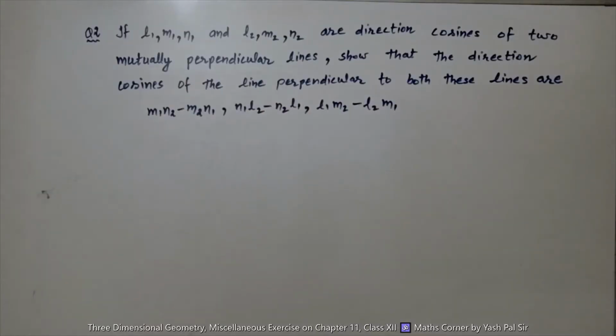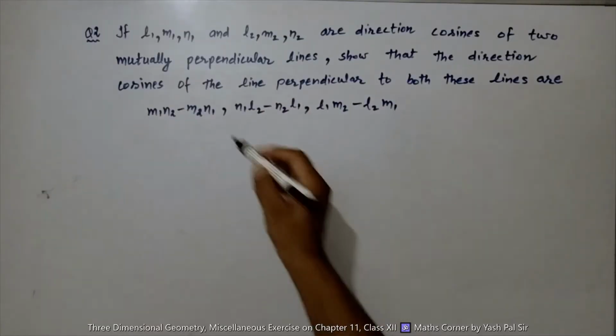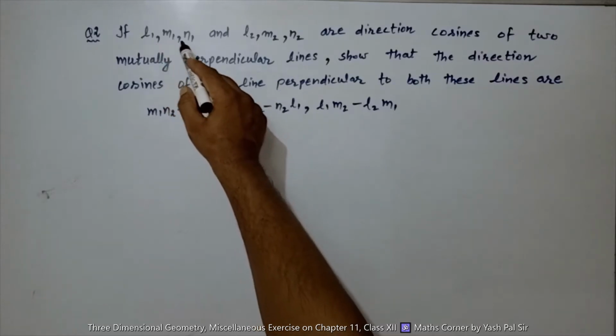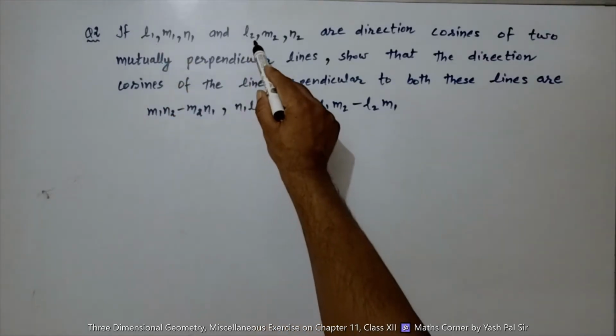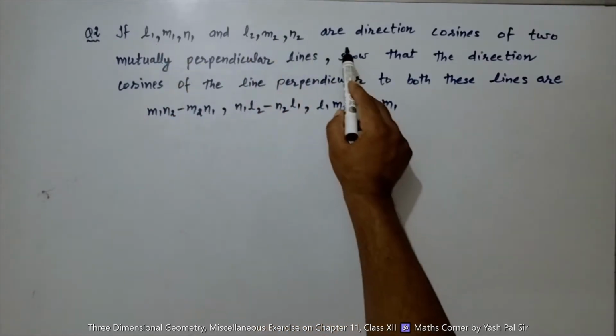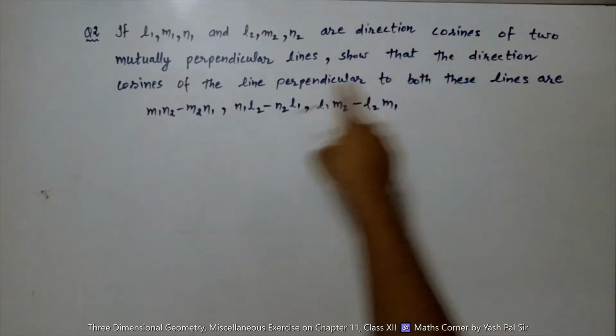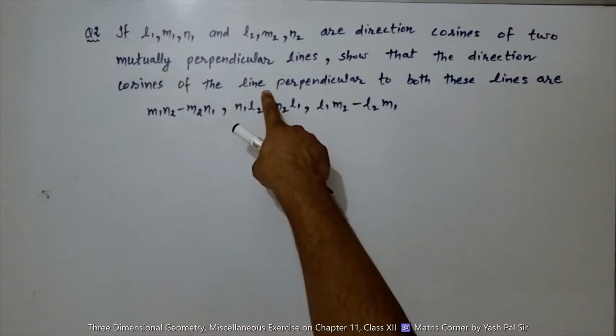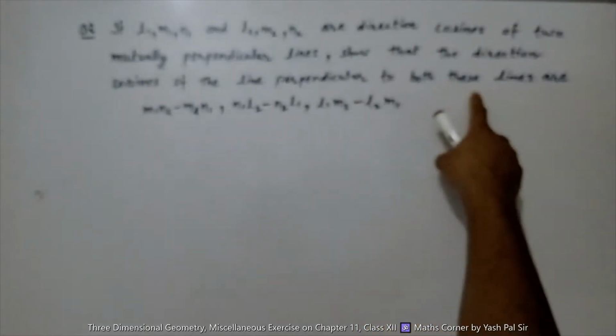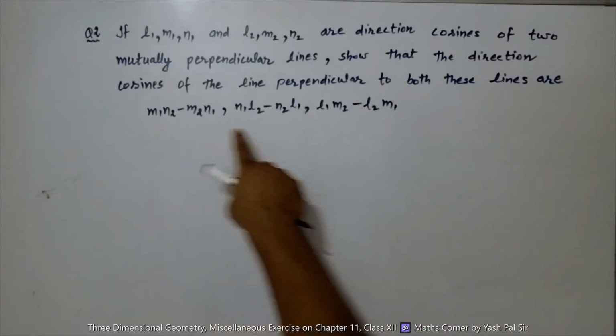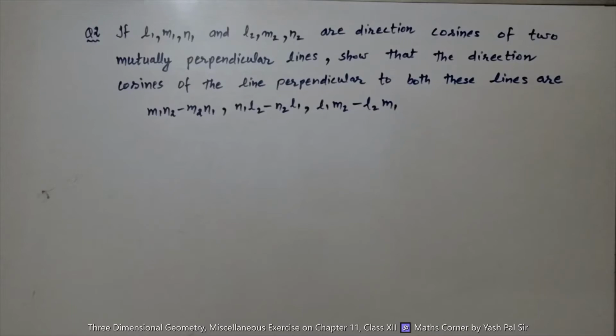Now we have question number two. If l1, m1, n1 and l2, m2, n2 are direction cosines of two mutually perpendicular lines, show that the direction cosines of the line perpendicular to both these lines are these.